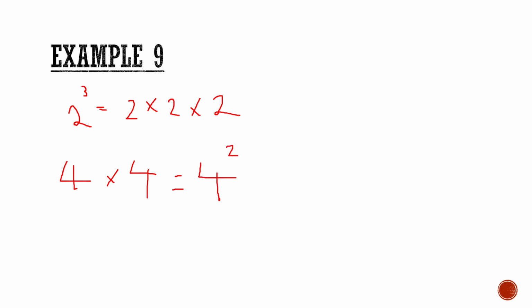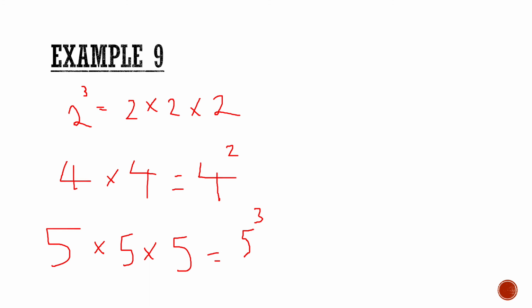And then finally, let's say I had 5 times 5 times 5. It would be 5 to the power of 3. Okay, so that is a general overview of indices.